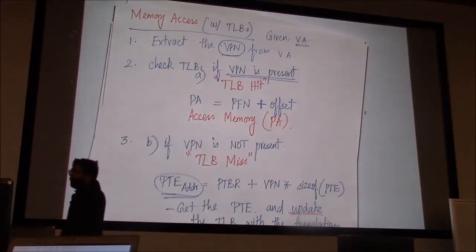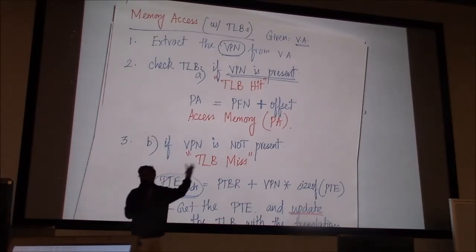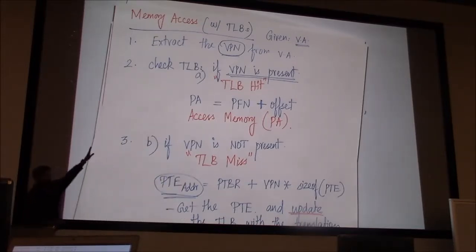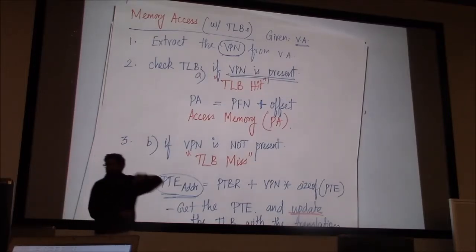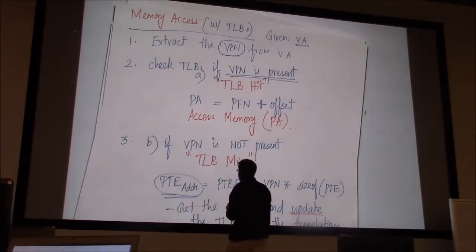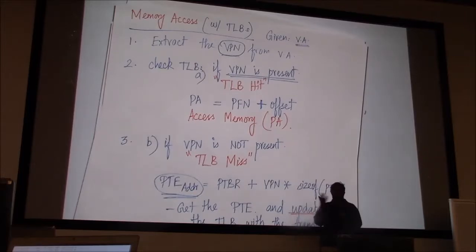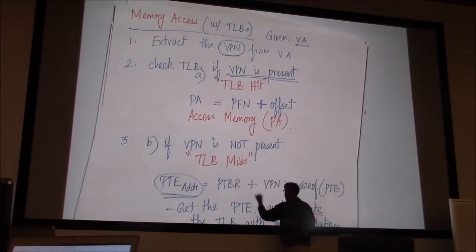Whatever we just saw here can be done by the hardware. And usually, in olden times, a few years before, this was completely done by the hardware. Whatever we just extracted, we are just trying to do some address translation. The TLB is part of the hardware, you can access it easily. The only tricky part is here, but the hardware can easily do it because it already has the page table base register.